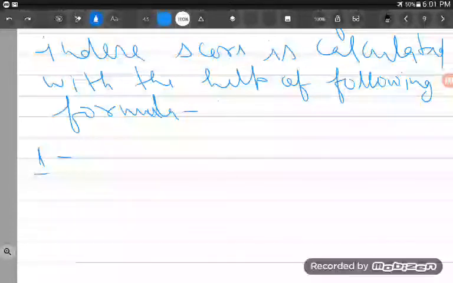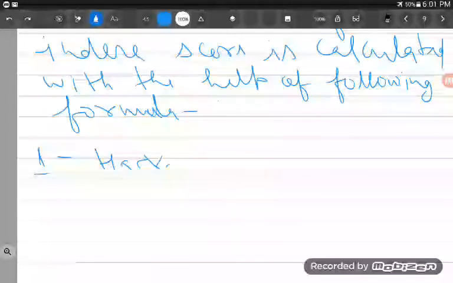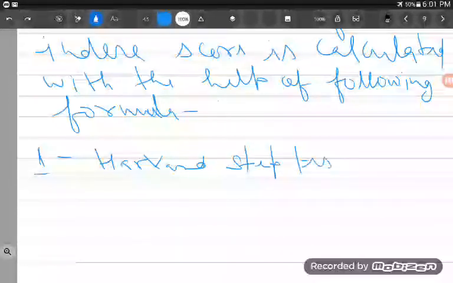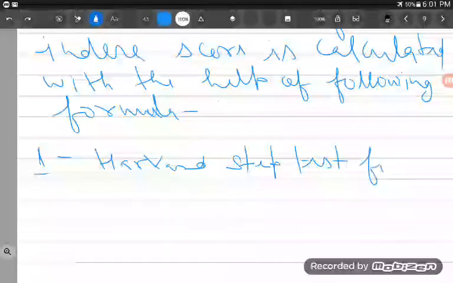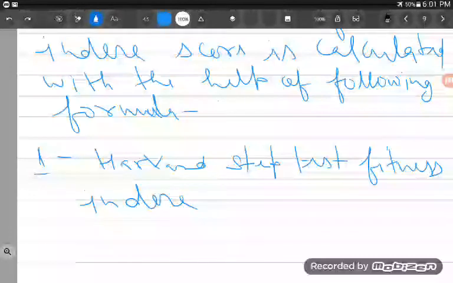Harvard step test fitness index. That person has given the name.